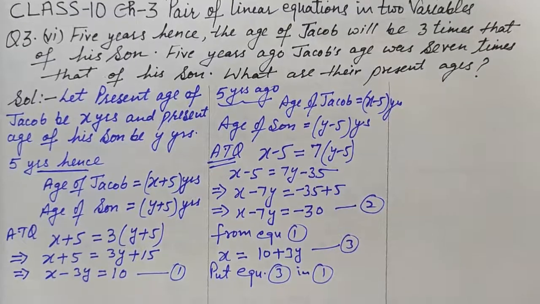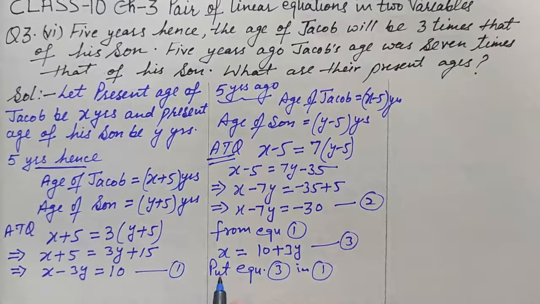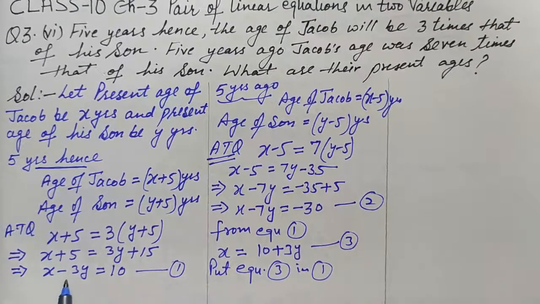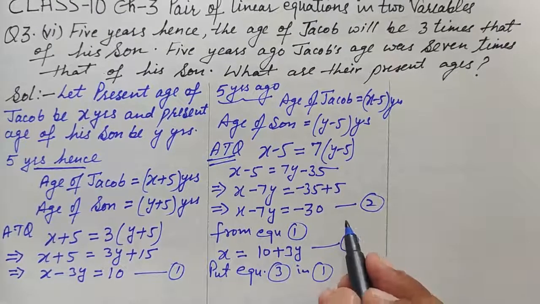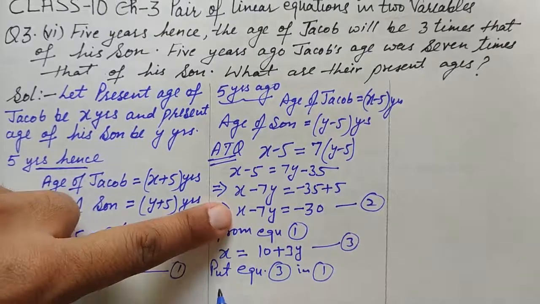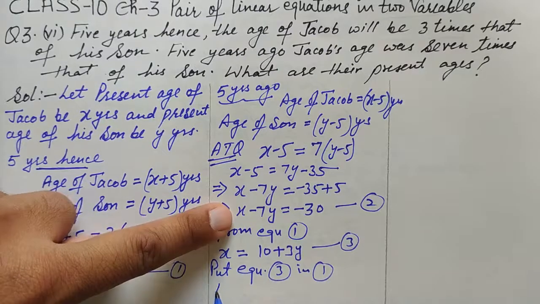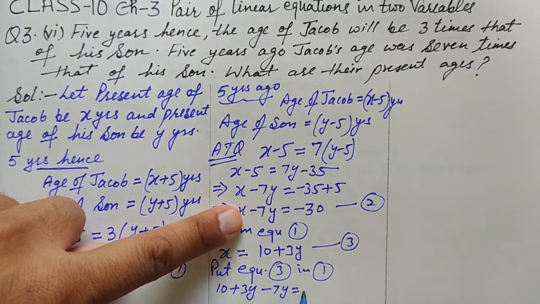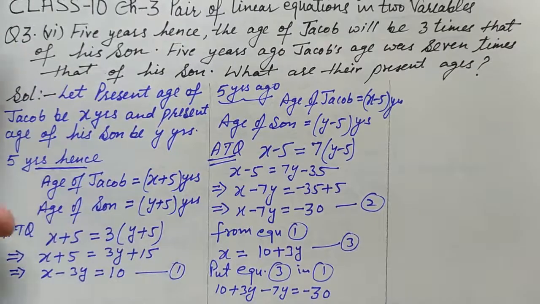In equation 2 you put x is equal to 10 plus 3y. So x is there, so we'll put here 10 plus 3y minus 7y is equal to minus 30, and you can solve now.